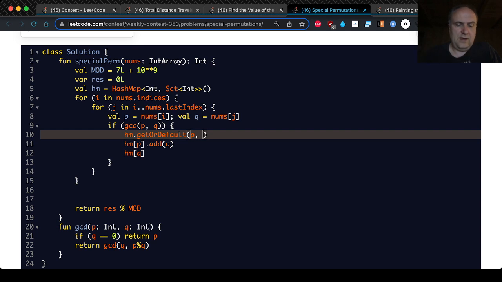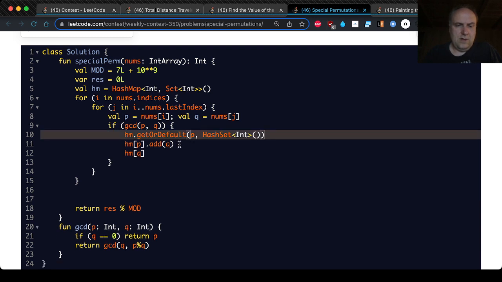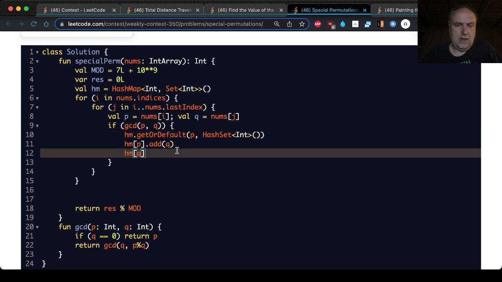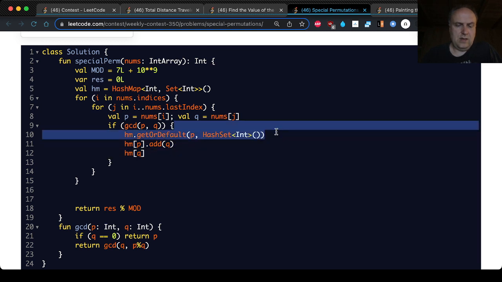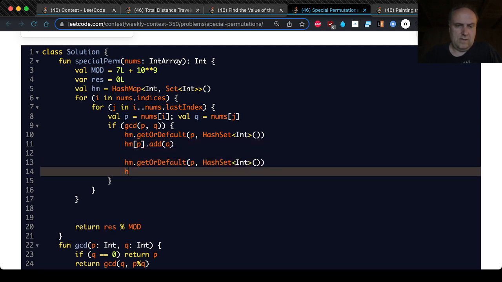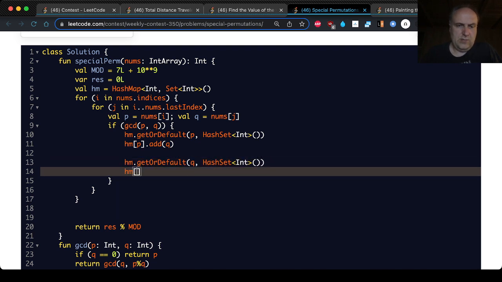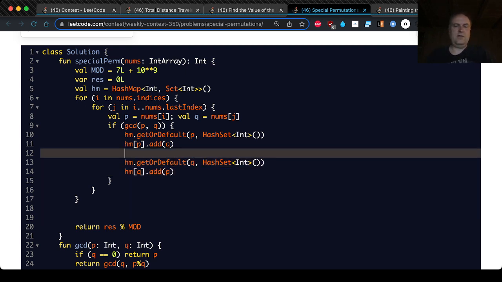If it doesn't have anything, I create a hash set of int, and now I can do add q like this. Okay, now I do the same here. I have no idea. I don't know. Okay, so I'm adding to the set.